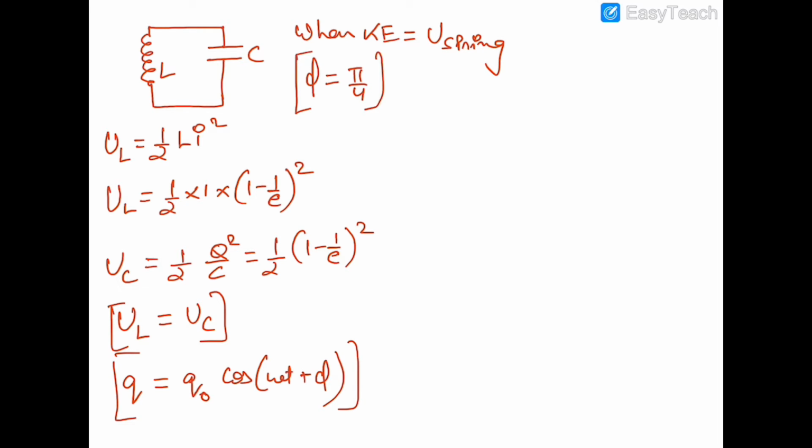This we all know in SHM, and hence the initial phase of this circuit is pi by 4, because this circuit is started from the moment when the energy stored in the inductor and capacitor is equal. So the initial phase would be pi by 4.